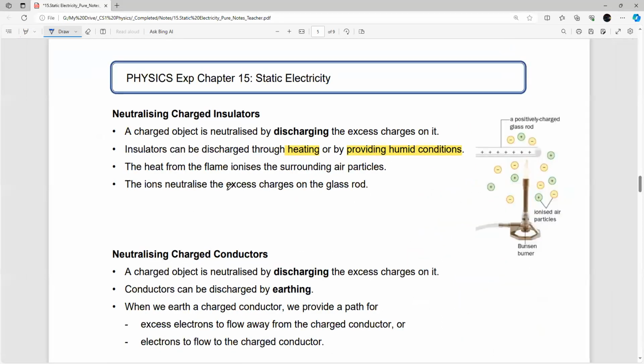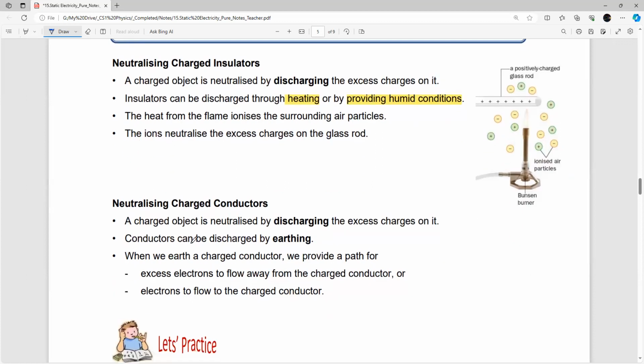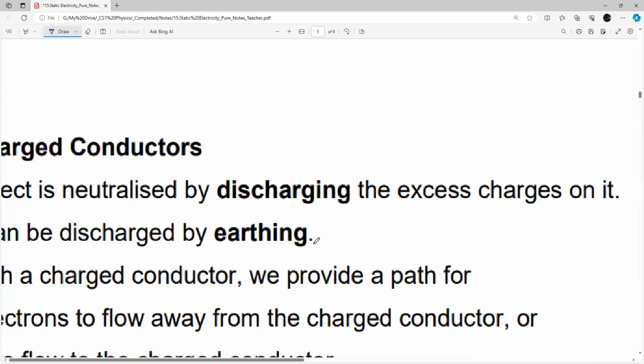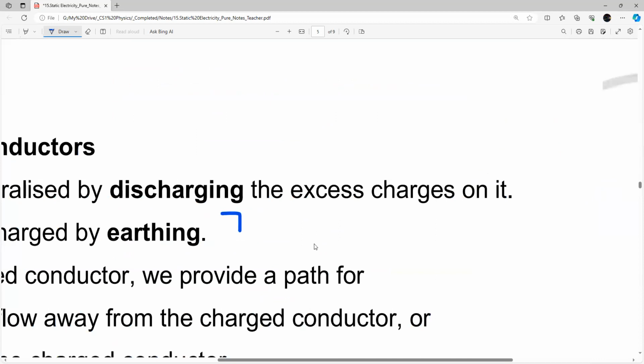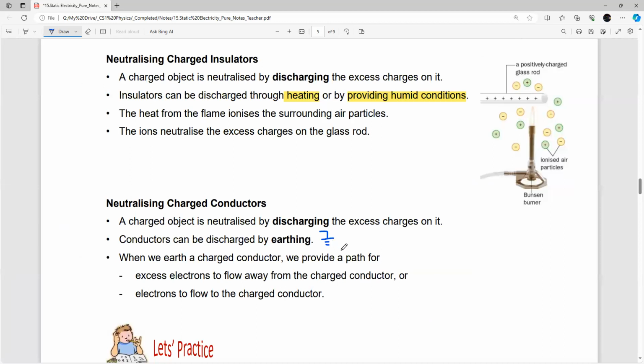Also, the heat from the flame ionizes the air particles, which can help you discharge the rod. Another way is by earthing. This is the symbol for earthing. We're providing a path for the excess electrons to flow into the ground or from the ground up into the conductor, depending on whether it is positively charged or negatively charged.